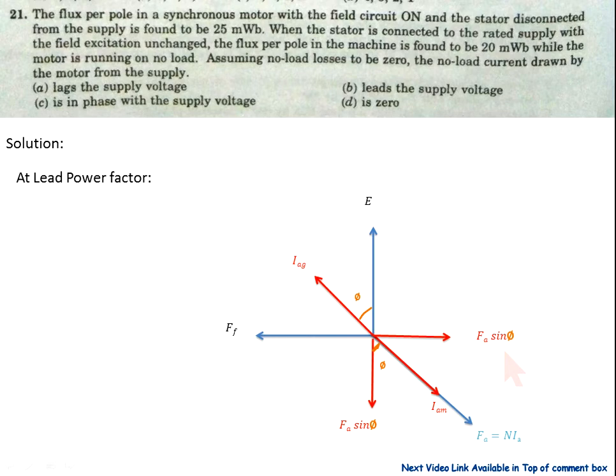So at leading power factor in the case of a synchronous motor, the total flux is reduced. This may be zero leading power factor or leading power factor. So the no load current drawn by the motor from the supply is led by the supply voltage. So the answer B is correct.